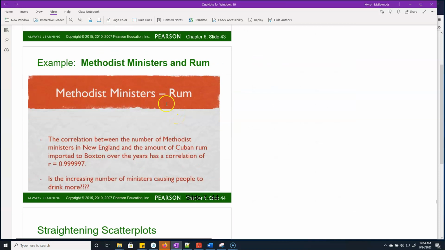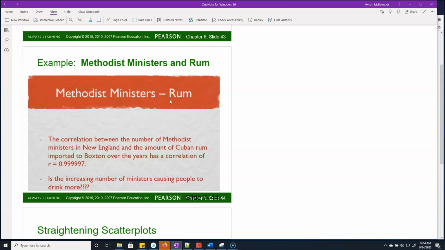I'll give another example here. There's almost a perfect correlation between Methodist ministers in New England and the amount of Cuban rum imported into Boston over the years. Does increasing the number of ministers cause people to drink more? You might be able to make an argument for that, but no, it doesn't.